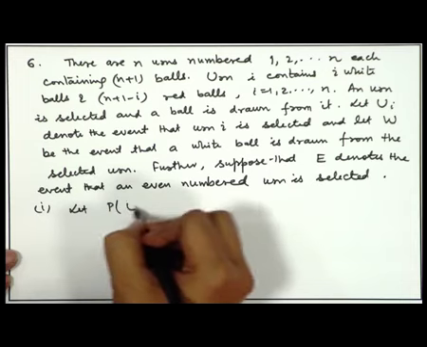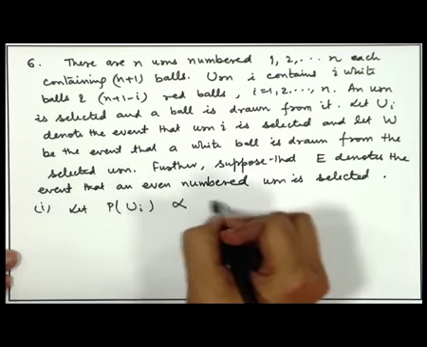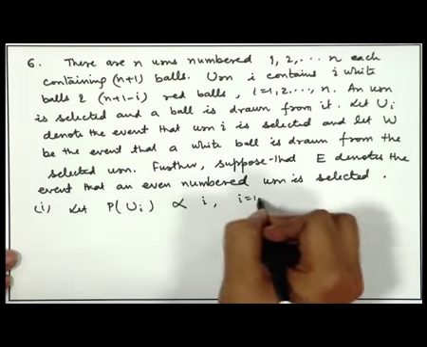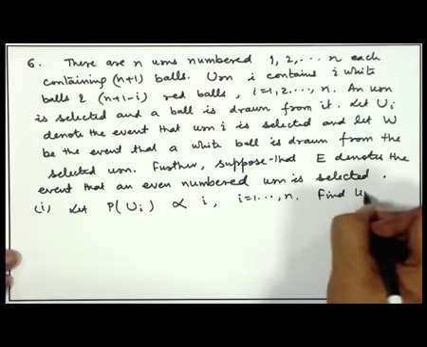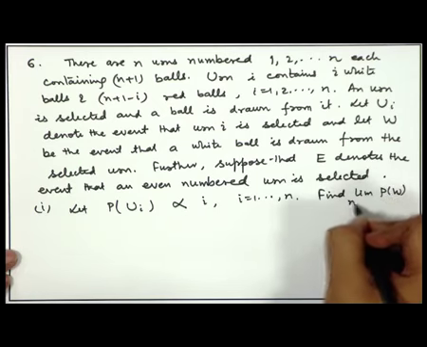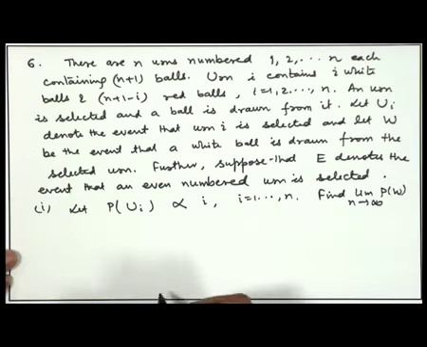Let probability of ui be proportional to i for i is equal to 1 to n. Then you have to find limit of probability of w as n tends to infinity.